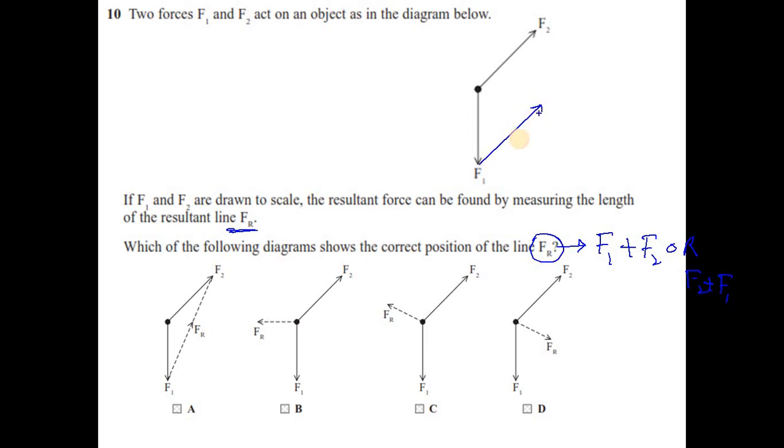So this is your F2, F1 plus F2, and this is your resultant. It should be your FR. So clearly, you cannot have A, B, and C. Your option is D.